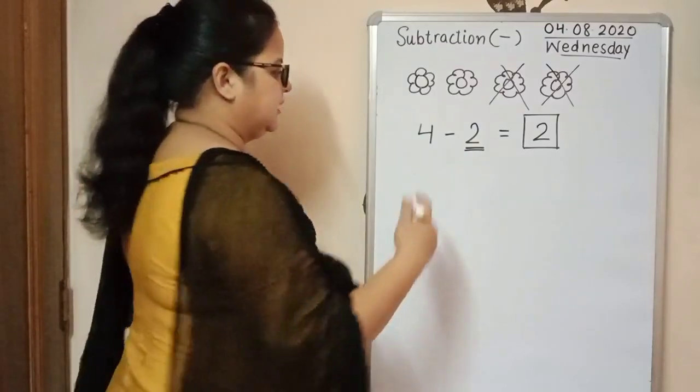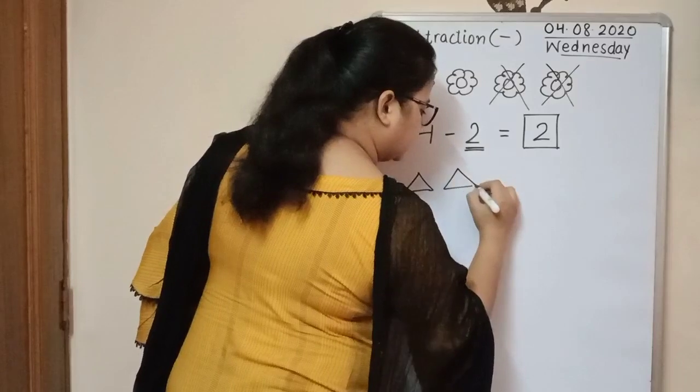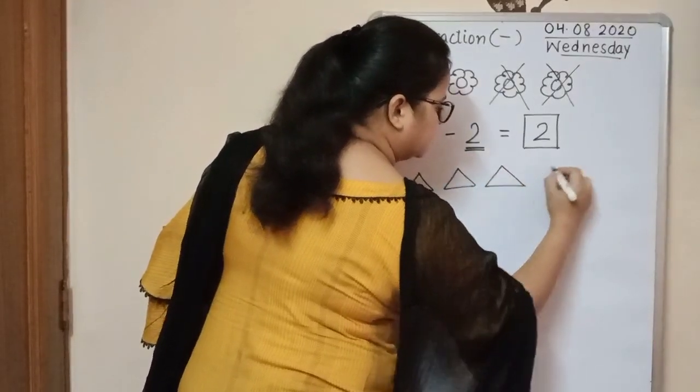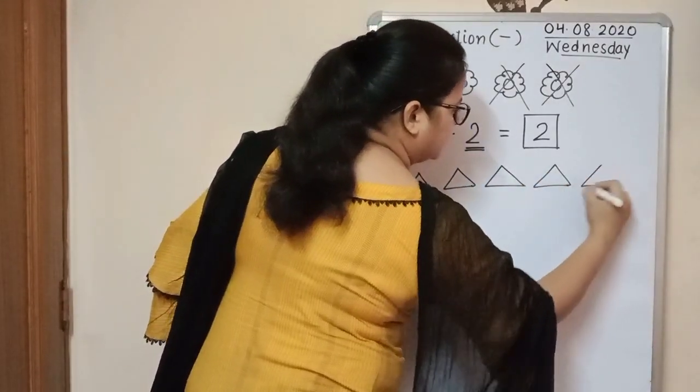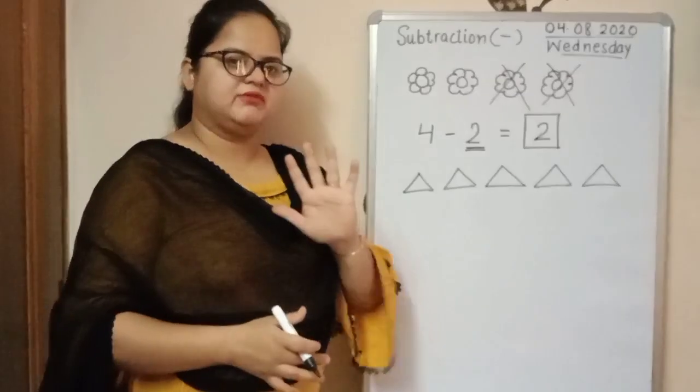Okay. And next we will make triangles here. 1, 2, 3, 4, 5. Here we have 5 triangles.